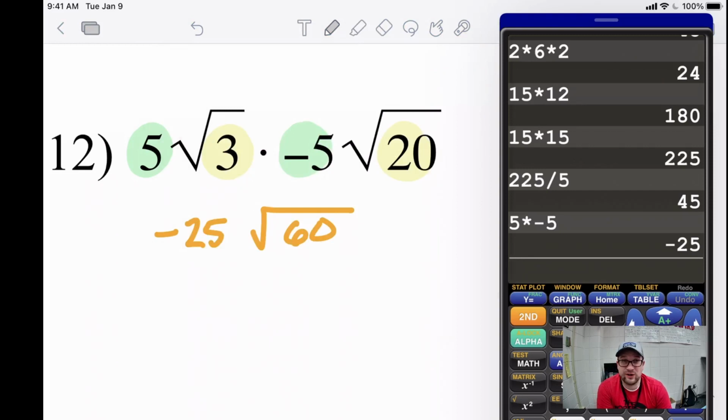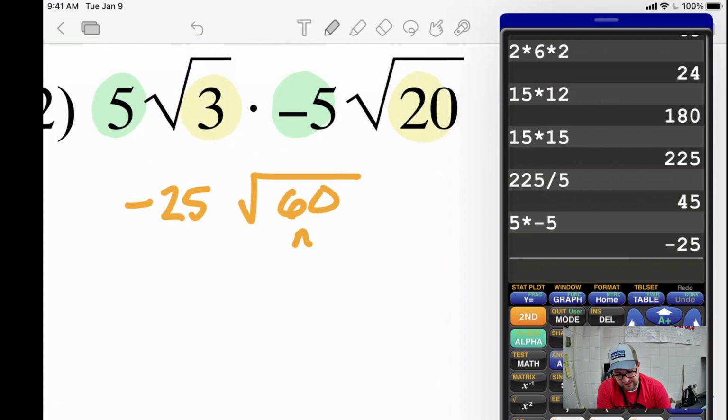At this point, all of the new stuff is done. You just need to simplify. So 60 is going to be, how about 3 and 20? 20 is just 2 and 10. 10 is 2 and 5.